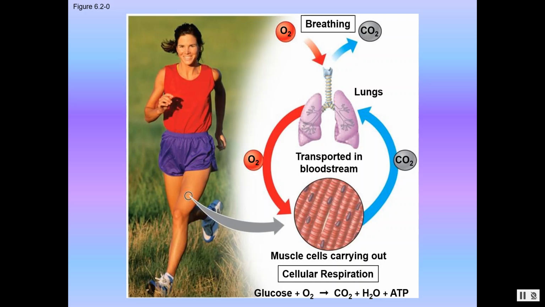The resulting molecules are carbon dioxide, water, and ATP, which are then sent back into the bloodstream and used or excreted. So you'll need to know this chemical equation at the bottom: glucose plus oxygen yields carbon dioxide, water, and ATP, and also heat.